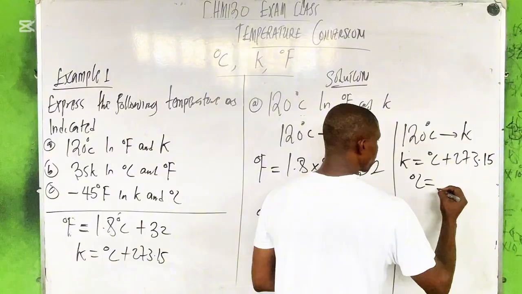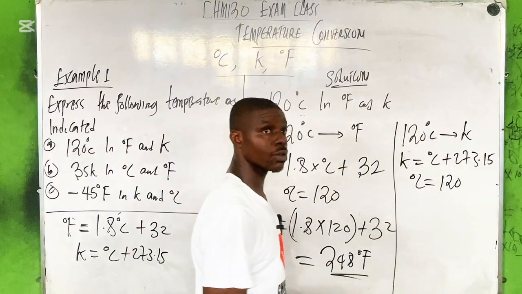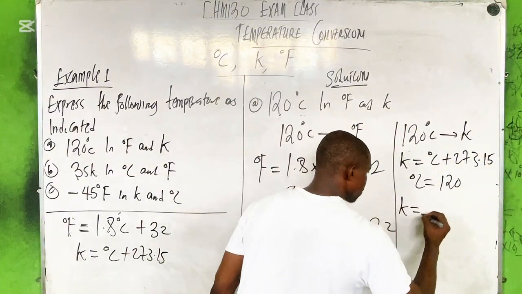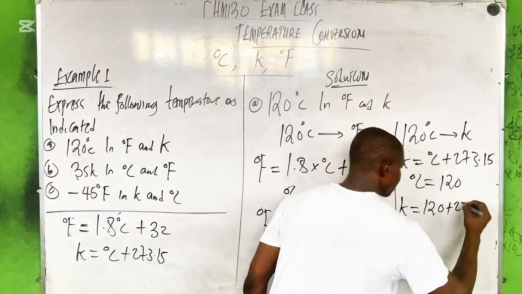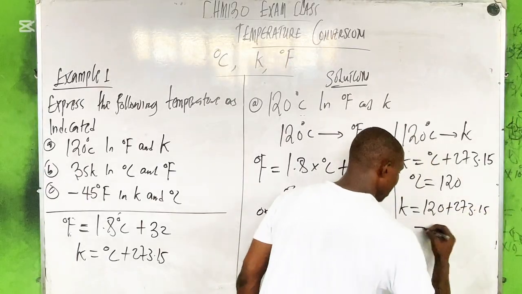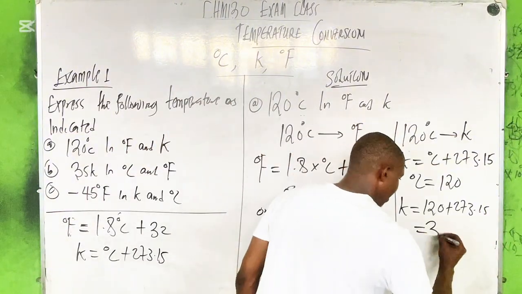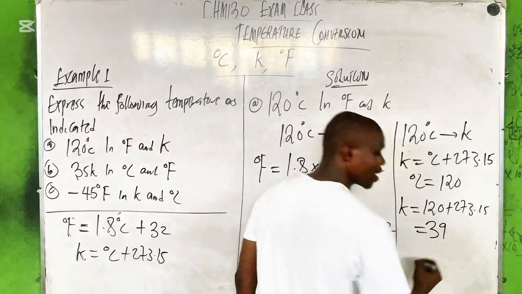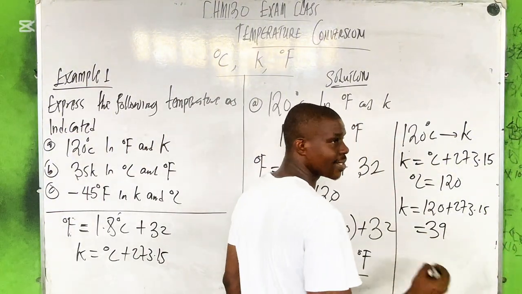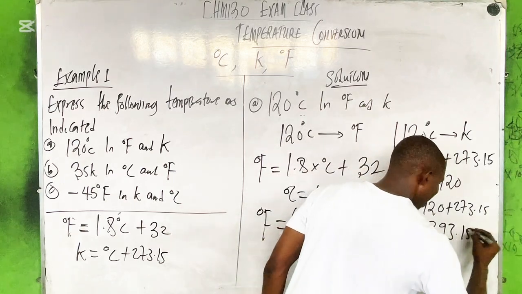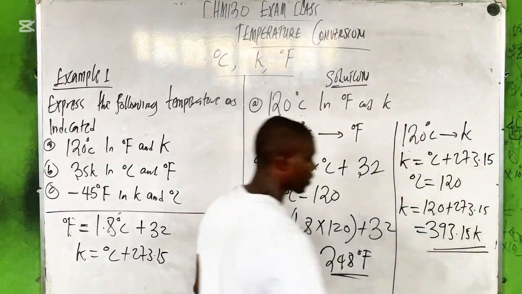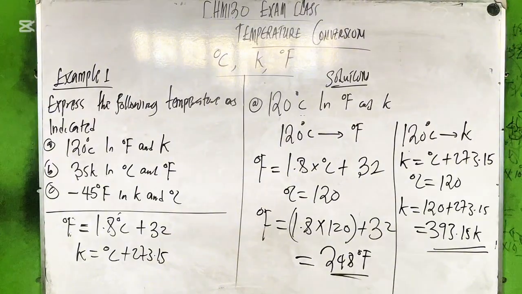So my Kelvin scale equals 120 plus 273.15. What is the answer? 393.15 Kelvin, right? That is it.